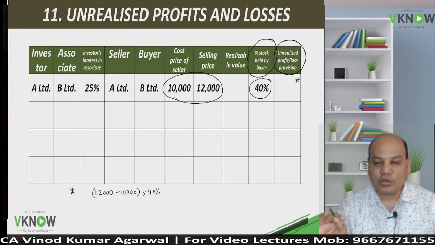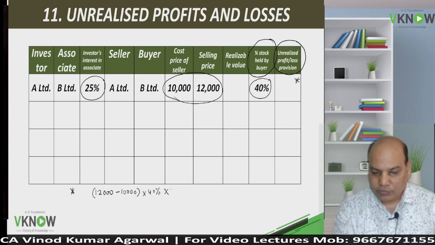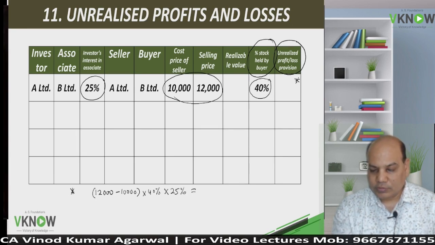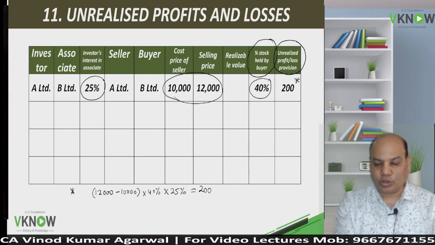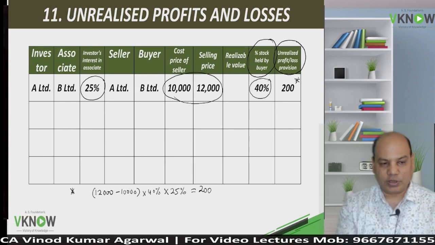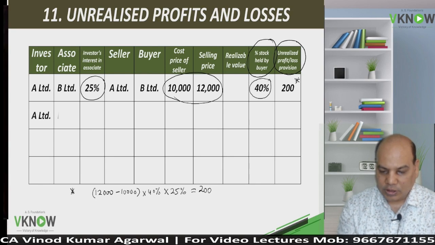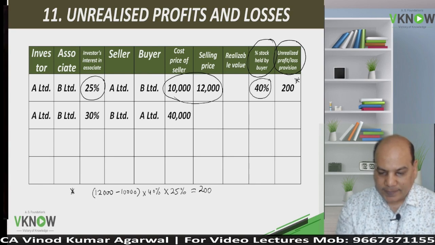We are talking about unrealized profit on unsold stock 40% and further multiply by investor's interest in the associate. So that comes to 200. So please write 200 there, and if you want to write the working note of that, you can write in the book or in the notebook, wherever you please. Is it right?